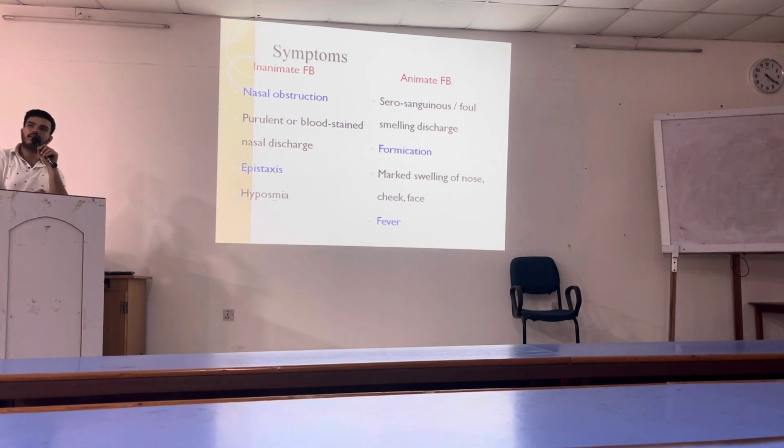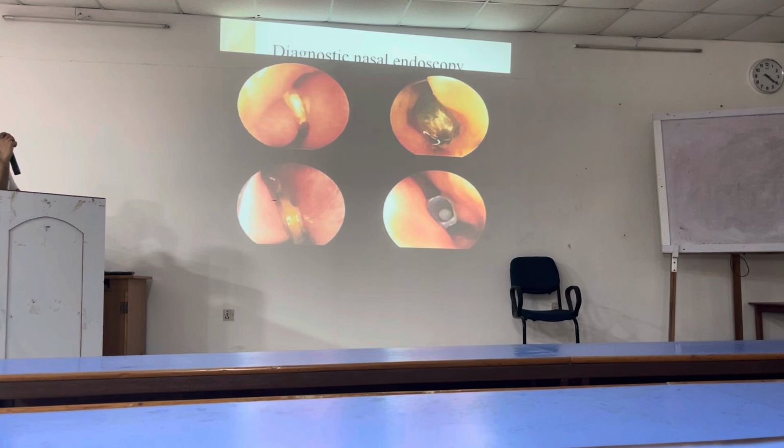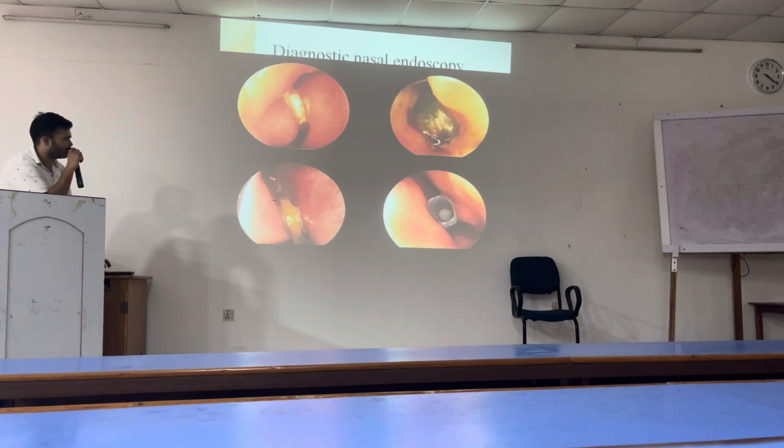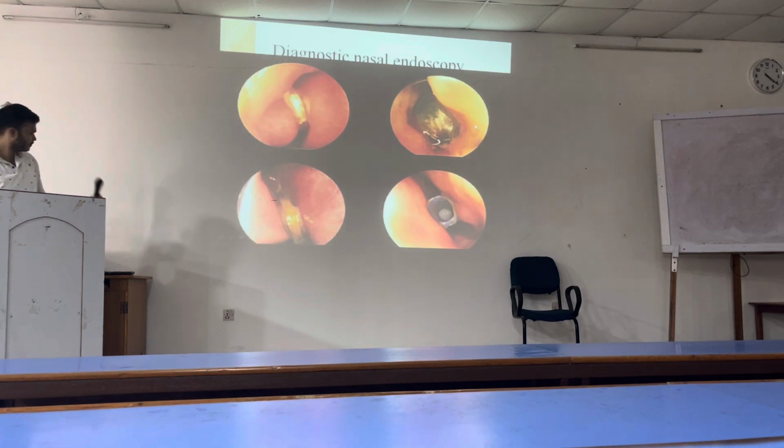Remember one thing: with animate foreign bodies like leech, maybe maggots, there might be release of eggs, and from there certain organisms may come out from the nose. So you can look into this diagnostic nasal endoscopic picture. Different substances have been obstructed here in the nasal cavity.